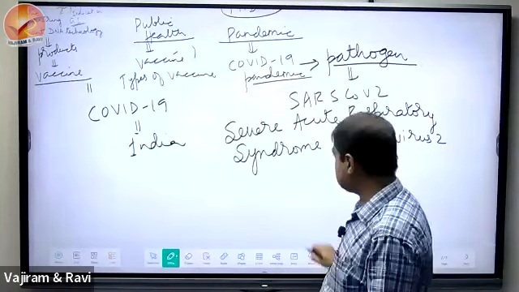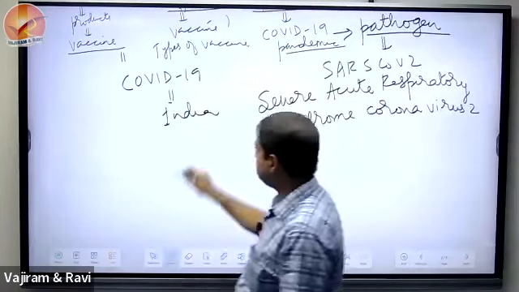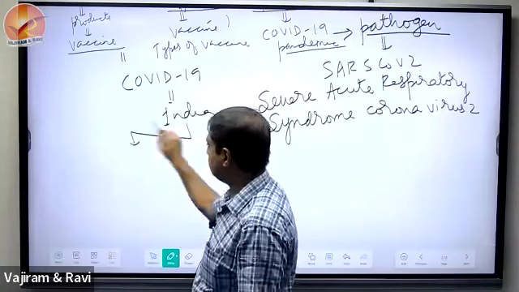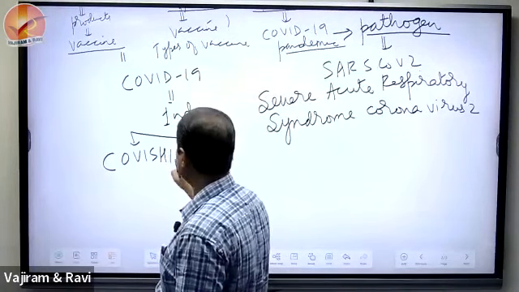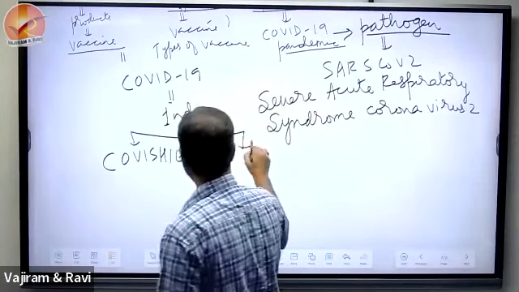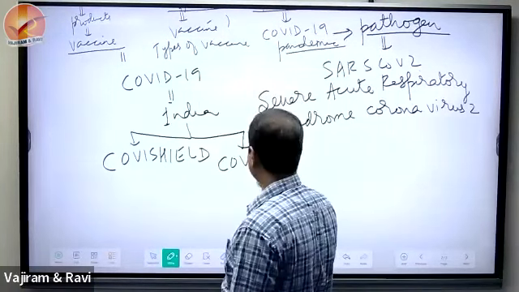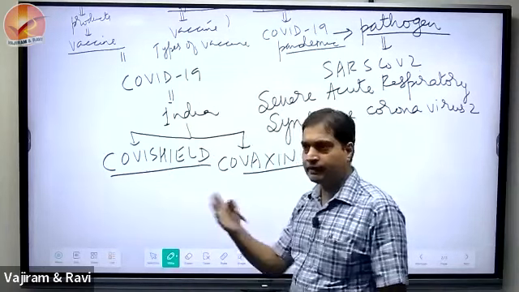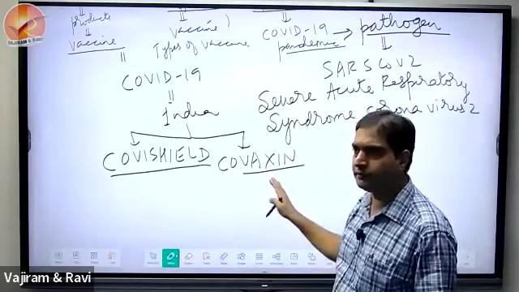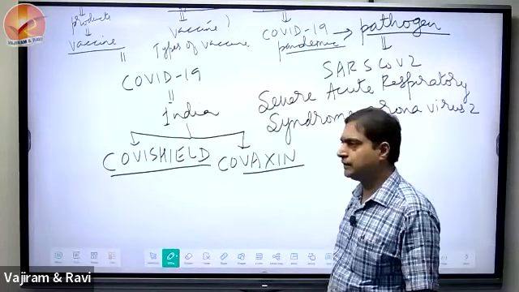So to address this issue, what are the different vaccines that India has used? One is Covishield. Another one is what? Covaxin. Later on other vaccines also were introduced, but these are the two primary vaccines, isn't it?